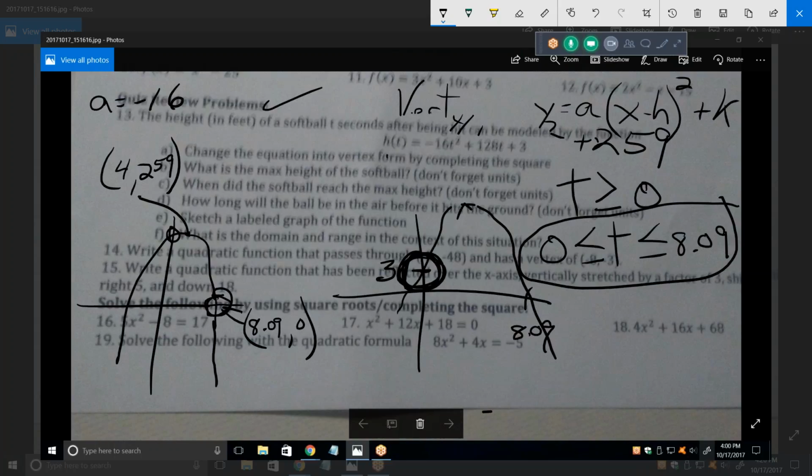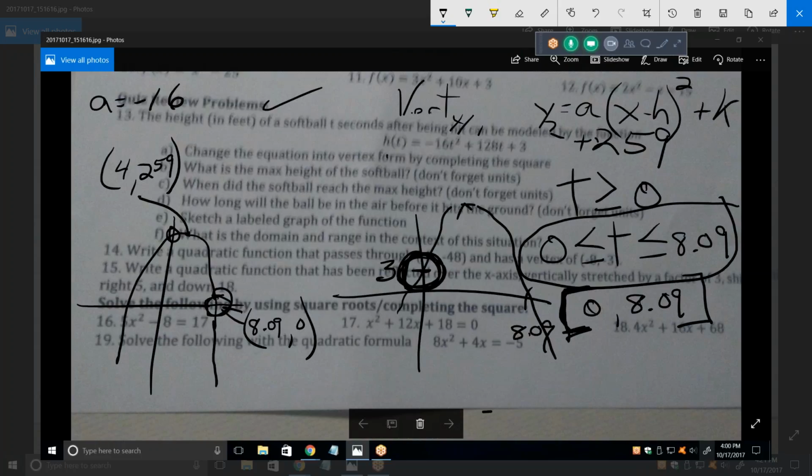Now, when they want domain and range, do you use interval notation, or do they accept any kind of notation? I'm not sure. Well, I better give it to you in interval notation also. Interval notation would be bracket, because it can be 0, 8.09 bracket, because it can be 8.09. So the time can be anywhere between these two points. That's interval notation.